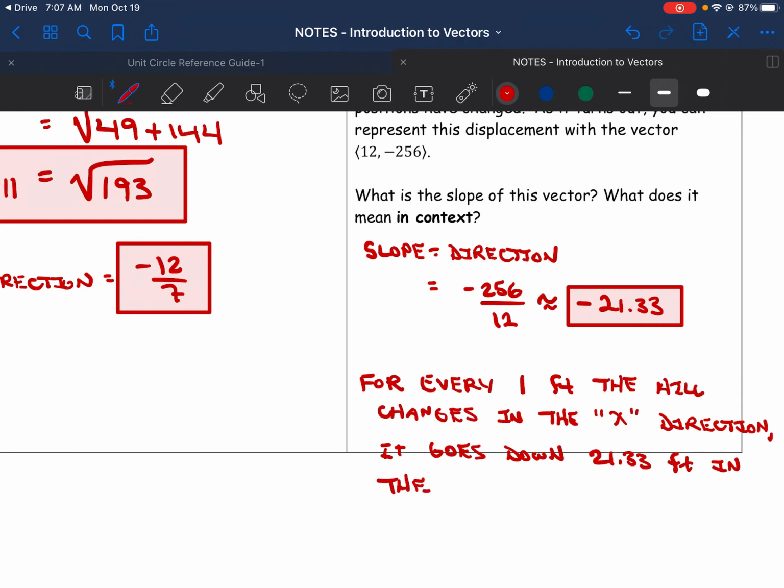We know it's going down because we have a negative direction.